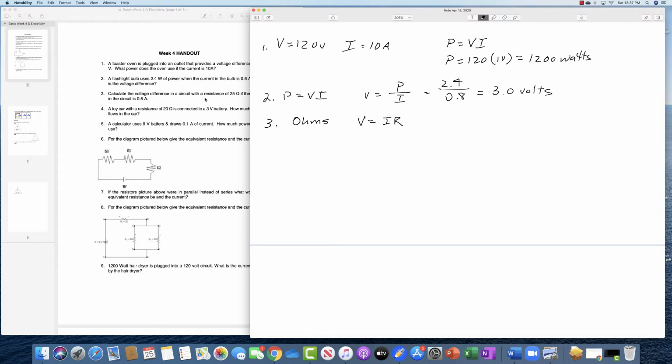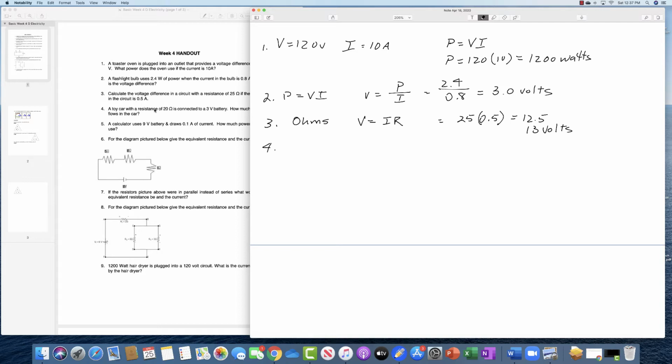And so in this case, we have a resistance of 25 ohms and an amperage of 0.5. And so the voltage here is going to equal 12.5, or half of 25. And to the significant figures, it's going to be 13 volts. Or if you left it at 12.5, I wouldn't care.